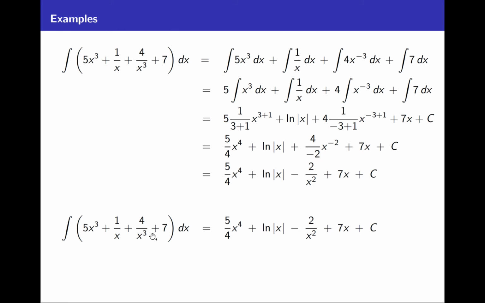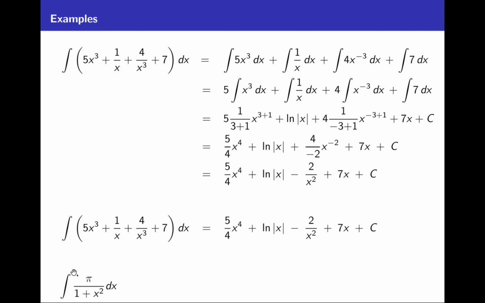Power rule for integration, and you just do all of this in your head, and you get negative 2 over x squared. And then plus the antiderivative of 7, you know that's 7x, and plus c. So typically you do all of this work in one step, or maybe 2 steps to convert the powers and so on. But there you go, that's perfectly acceptable.